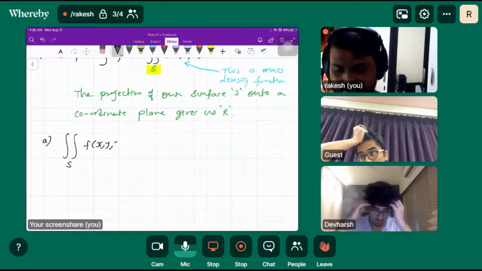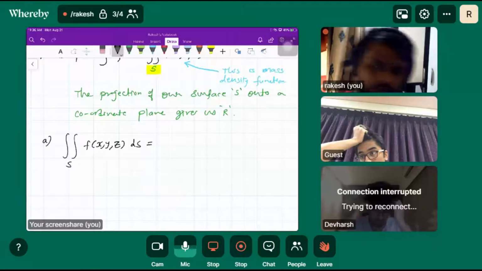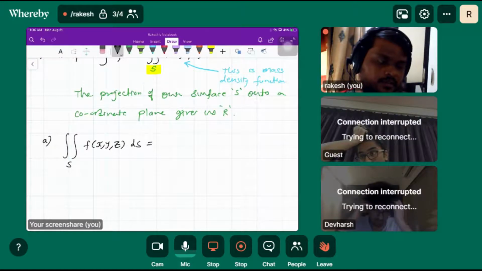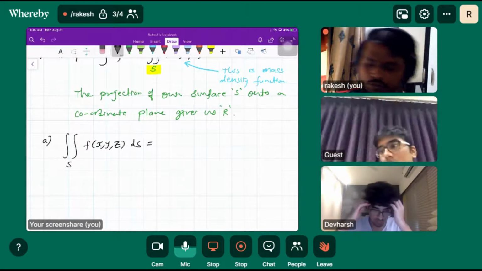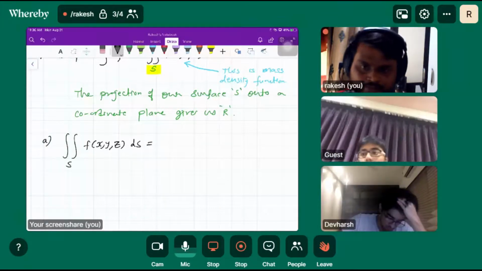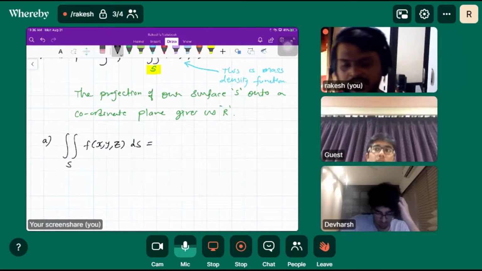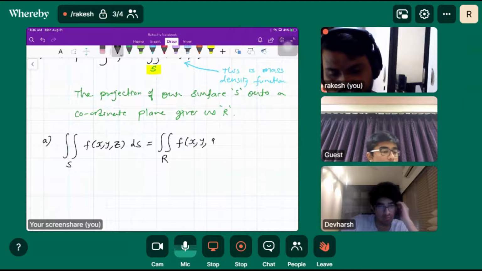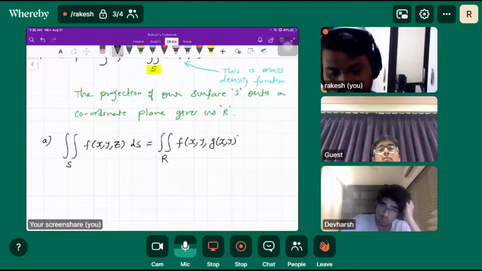In this case, if I want to convert this surface S into the UV plane, that will give us the region R. So double integration over R, f of x comma y, g of x comma y.